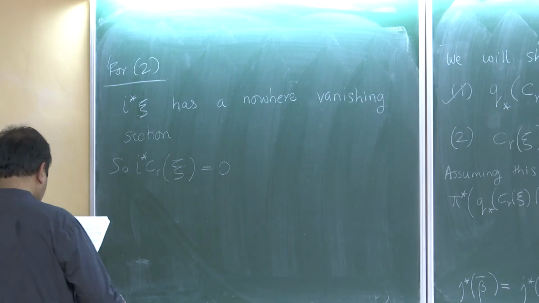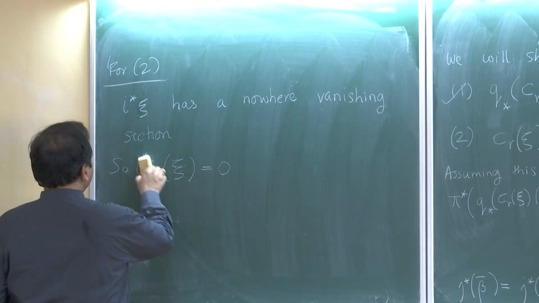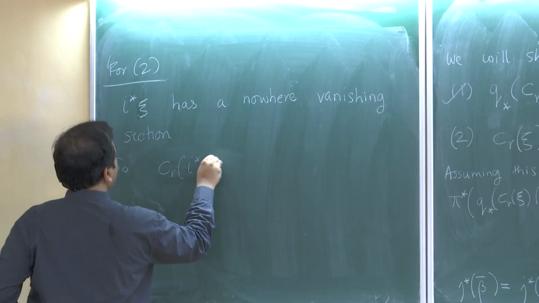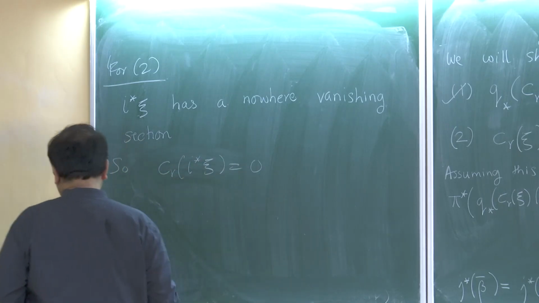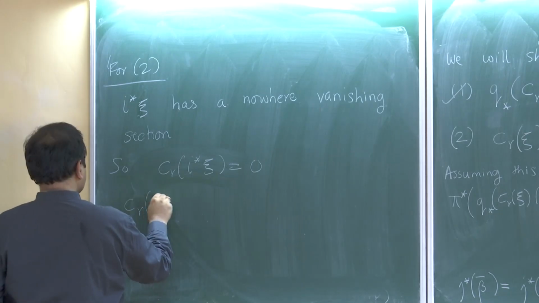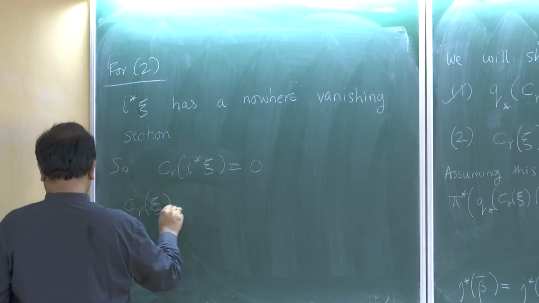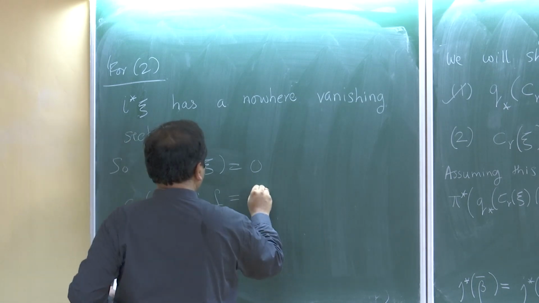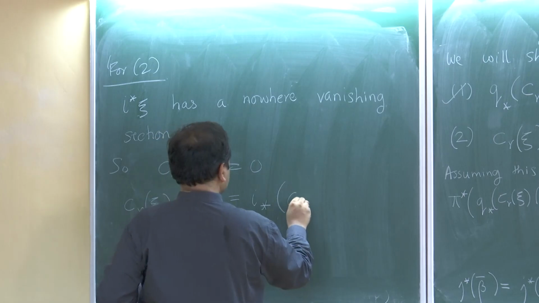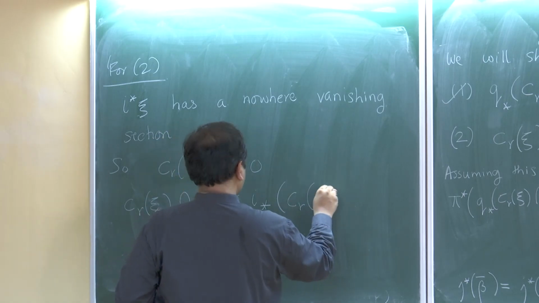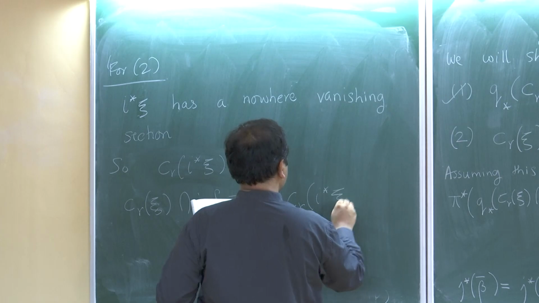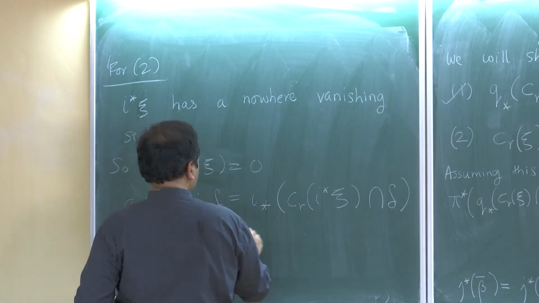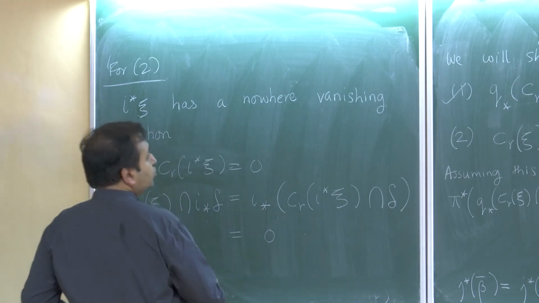That is, CR of I upper star psi is equal to 0, and CR of psi I upper star I lower star delta is equal to I lower star of CR I upper star psi capital delta, which is equal to 0. So this takes care of 2.